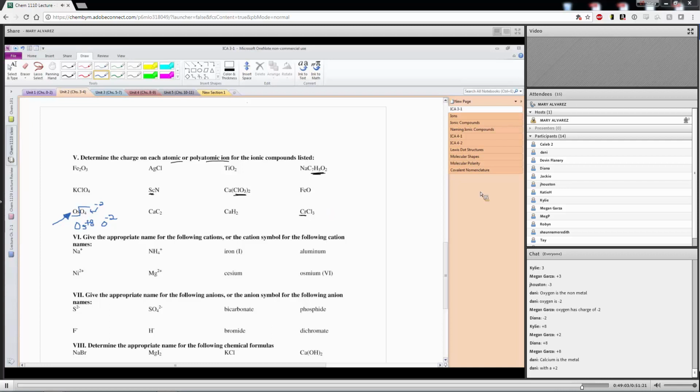Calcium's the metal, and it has a charge of +2 because it's in group 2. Excellent work. So calcium's +2. And there's only 1 of them. So this other thing, whatever it is, ClO3, what kind of charge does it need to have?